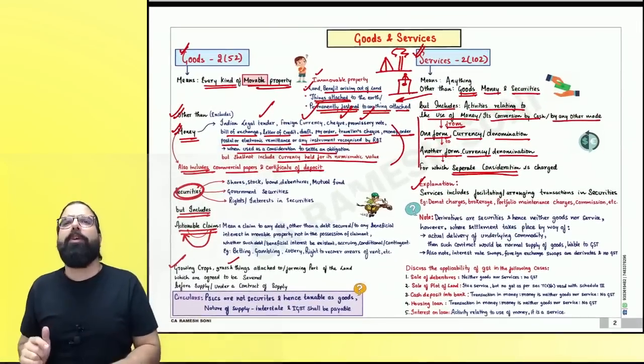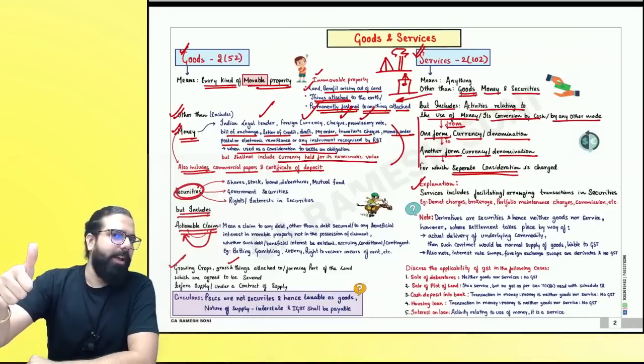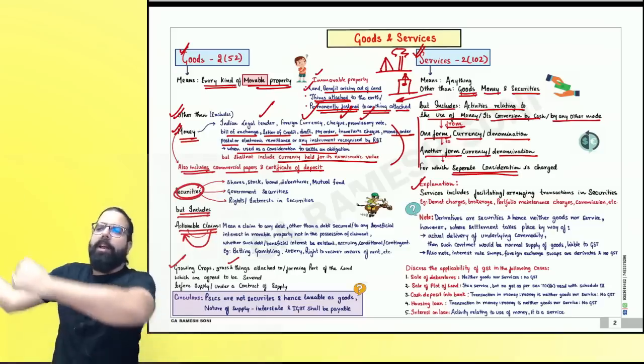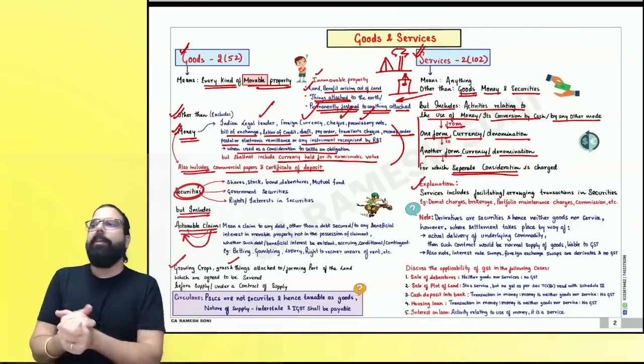People, can you tell me what you mean by goods? Goods means every kind of movable property other than money and securities, but includes actionable claim, growing crops, grass, and things attached to the earth which are agreed to be severed before supply or under a contract of supply. Then we have services.